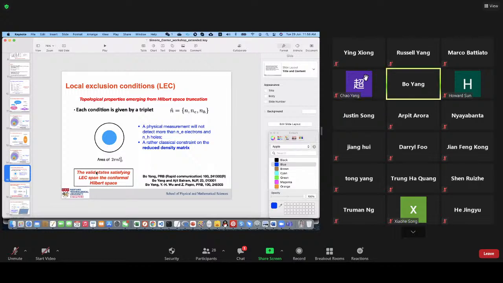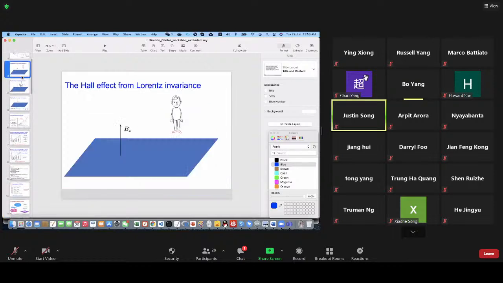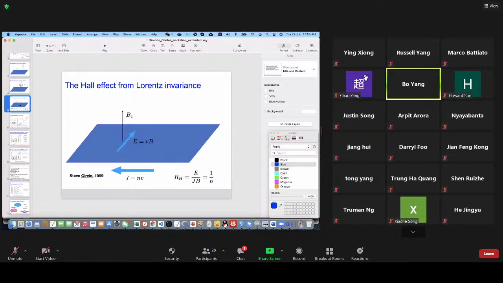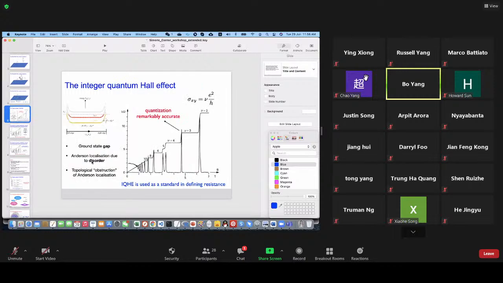Well, I would say it's not really the case. The example here is basically saying that when I do measurements, I only get the charge density, but the topological structures are still there. Let me show you this slide. If we have Lorentz invariance in a translation invariant system, when we do measurement, what you'll be seeing is an entire region being a straight line.